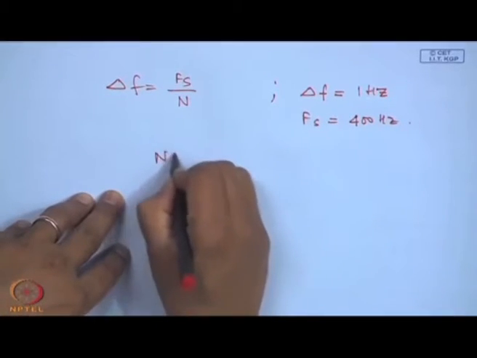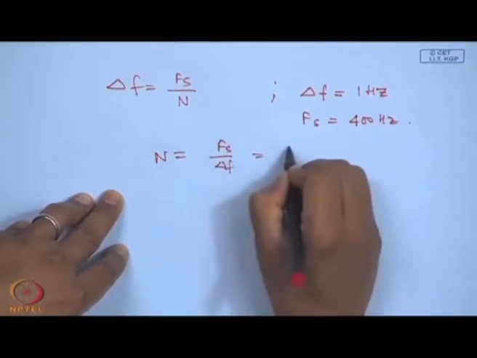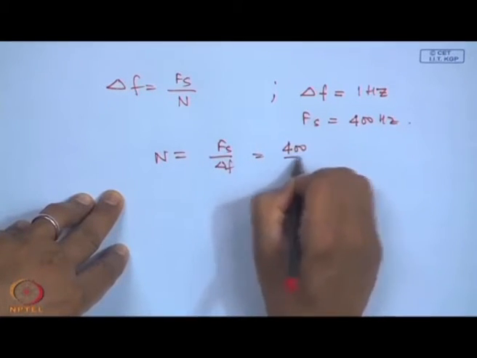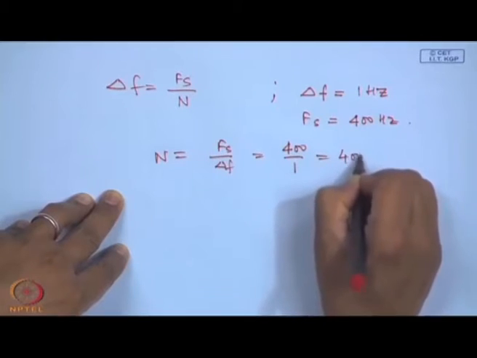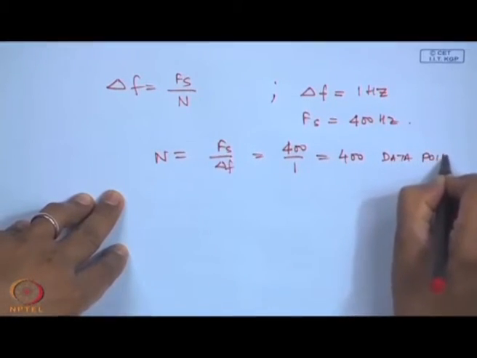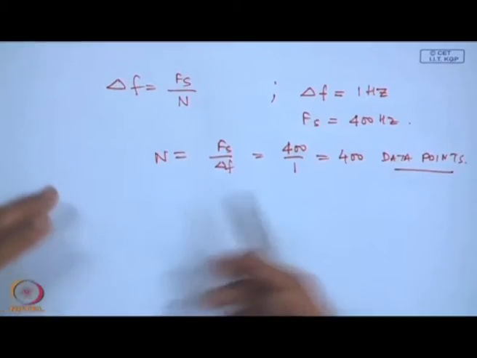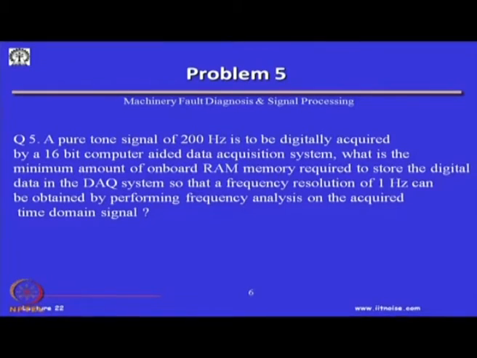Our n is nothing but f s by delta f, that is 400 by 1, that is equal to 400 data points. Here of course, we have made an assumption which is normally not true, that we have just done FFT on one block of data, because no information is given whether we are going to take more blocks of data and so on.